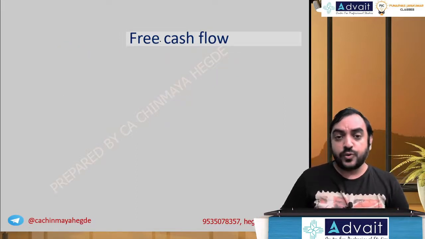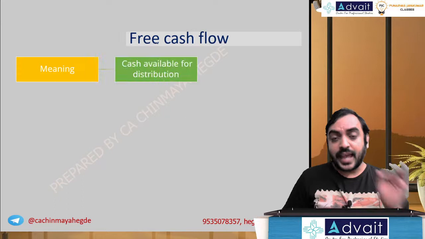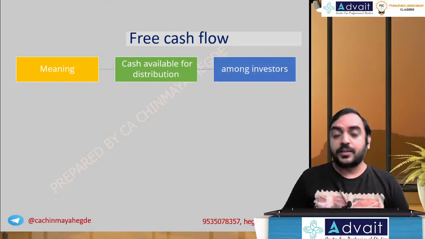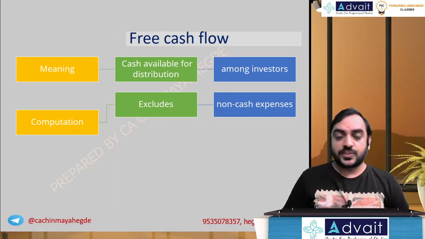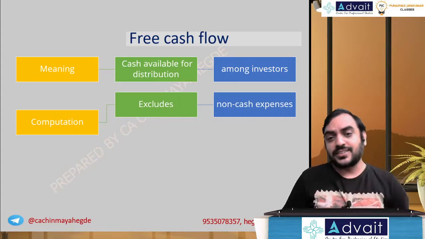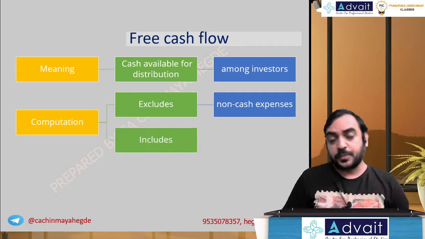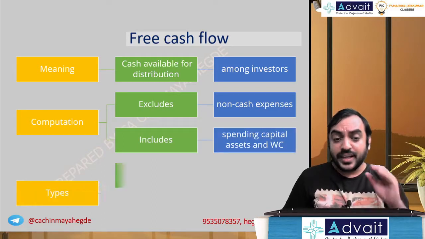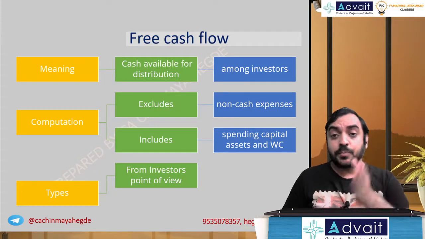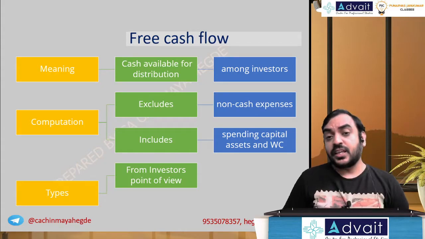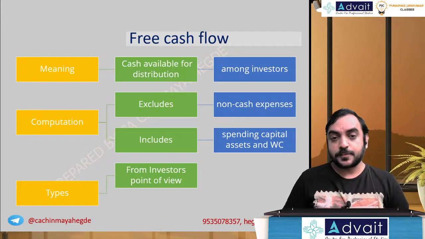Okay, so free cash flow means it's cash available after all commitments. It is after non-cash expense. That is, do not consider non-cash expense like depreciation. So it is calculated by adding back depreciation and subtracting things like working capital changes, increase in working capital, and capex expenditure like purchase of fixed assets.